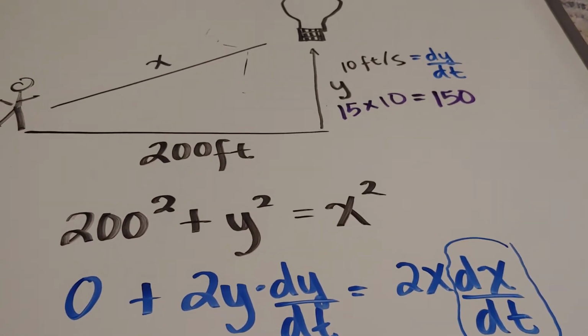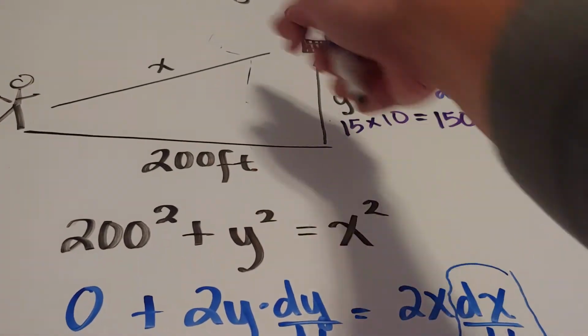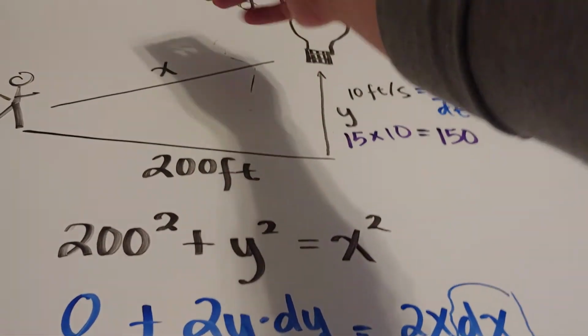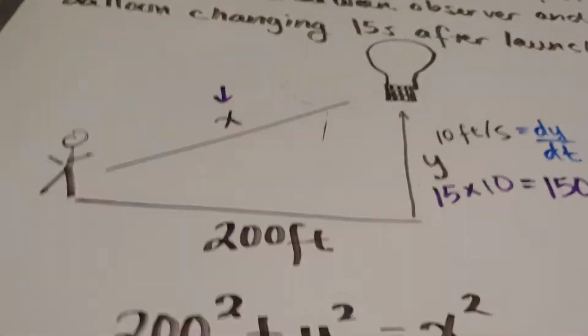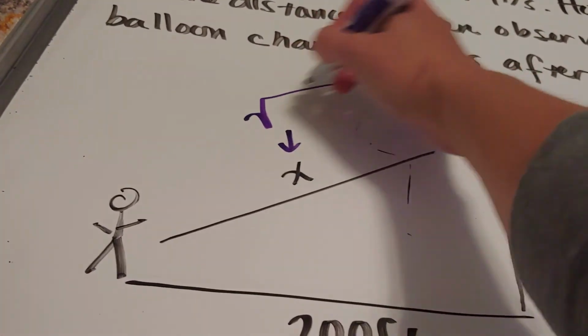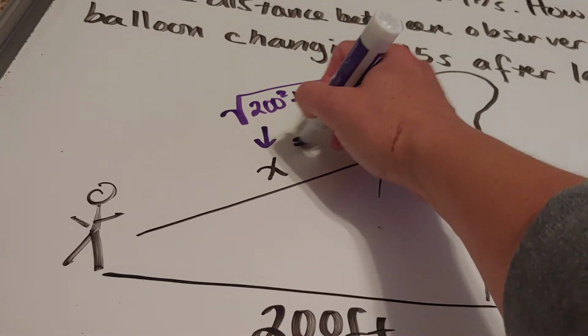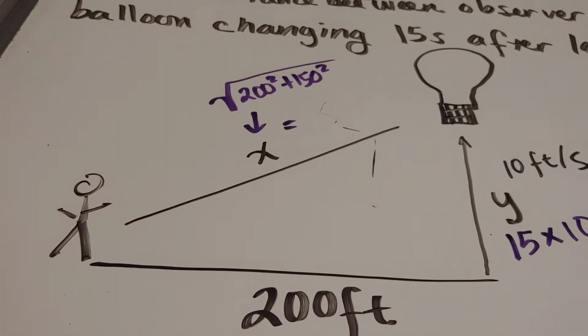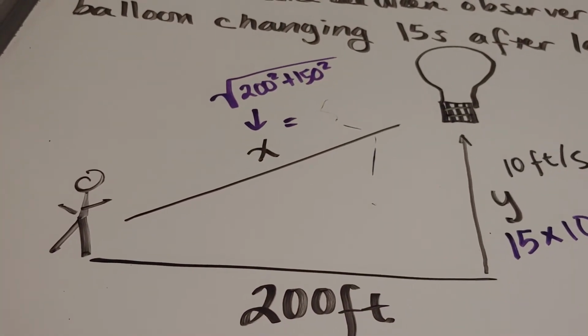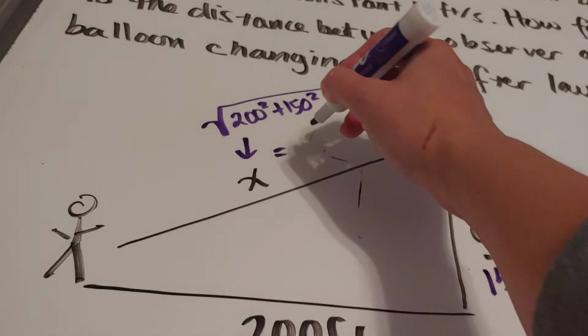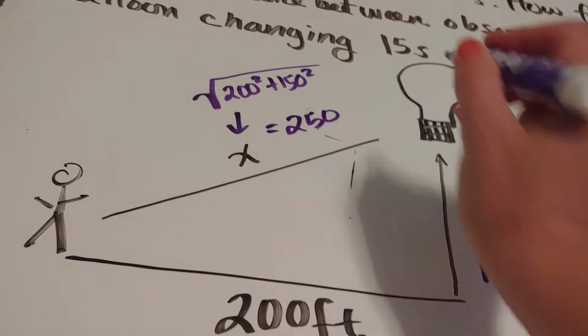What about x? To do this, I would just use the Pythagorean theorem. This side will be the square root of 200 squared plus 150 squared. I'm just going to do that as a decimal, and we end up, oh, it's a perfect 3, 4, 5 triangle. It's 250.